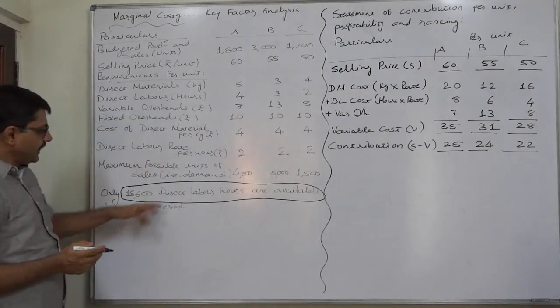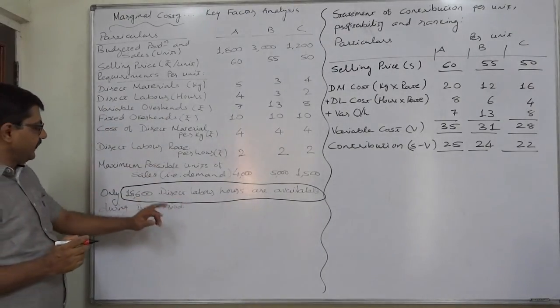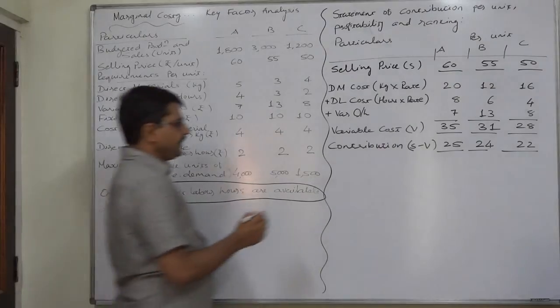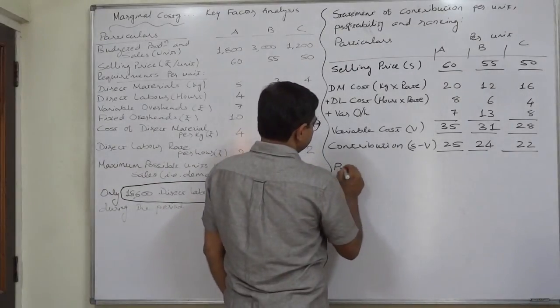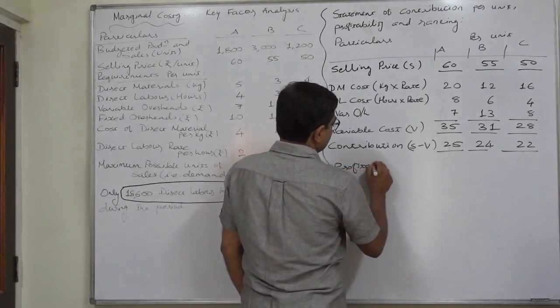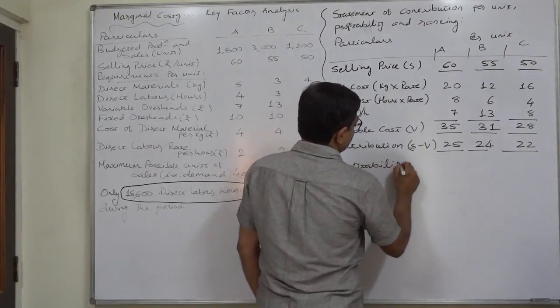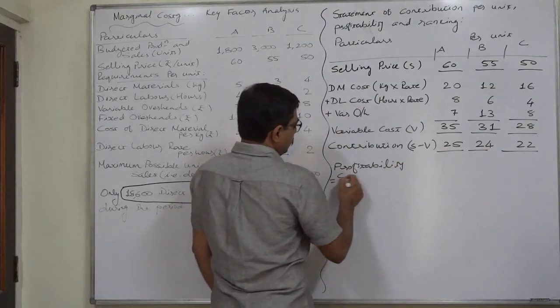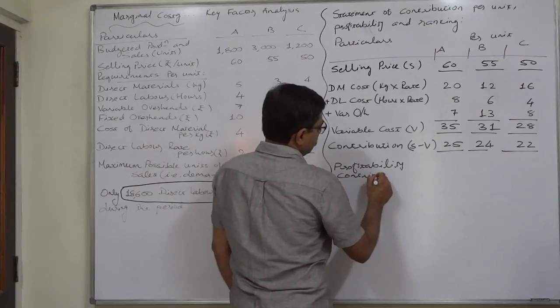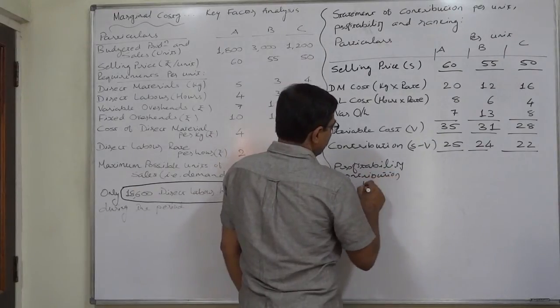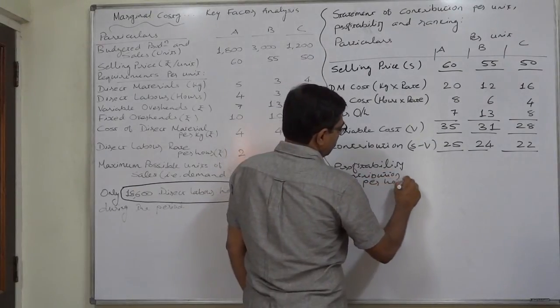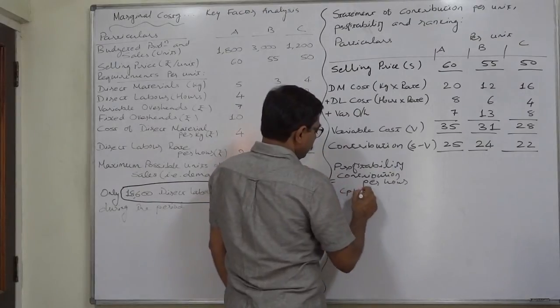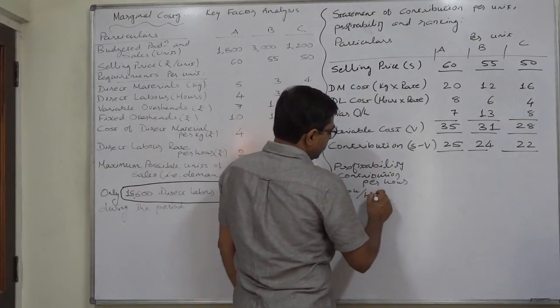Now, if direct labor hours is the key factor, the profitability will be contribution per hour, that is contribution per unit divided by hours per unit.